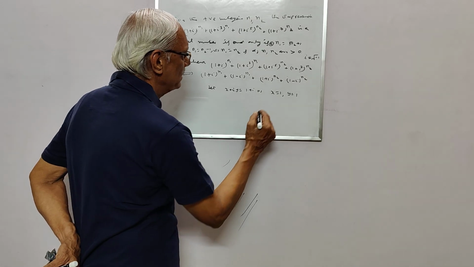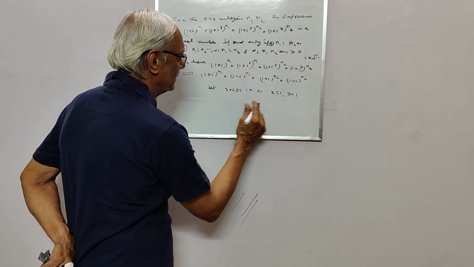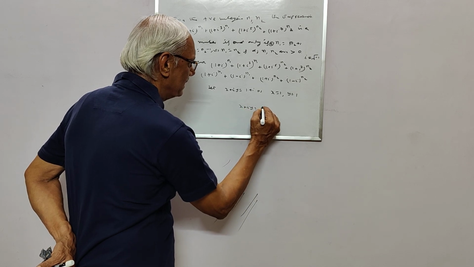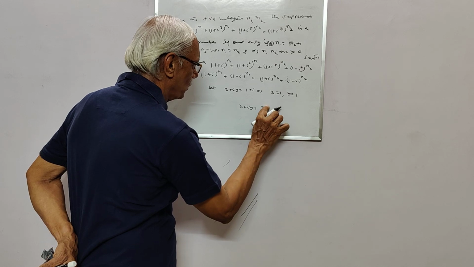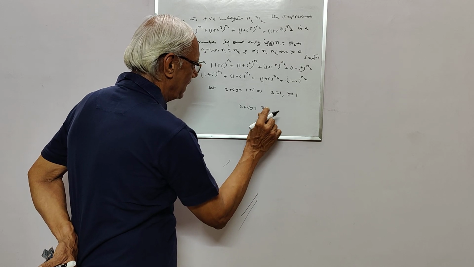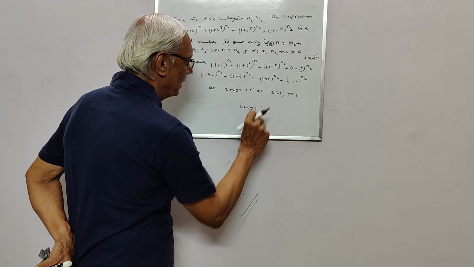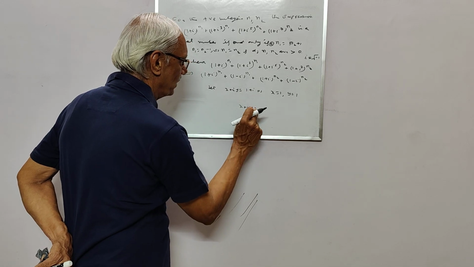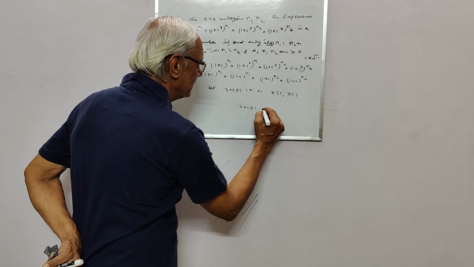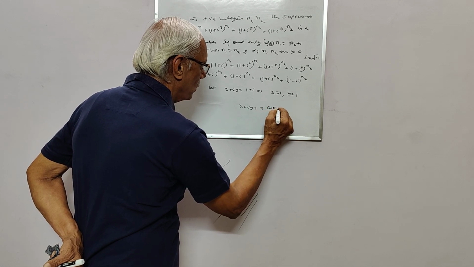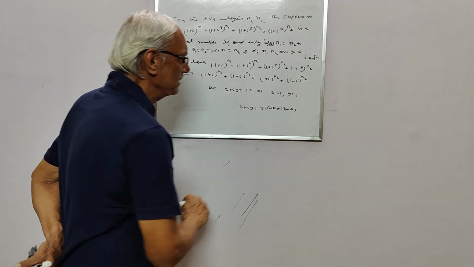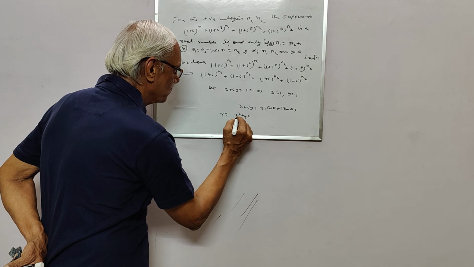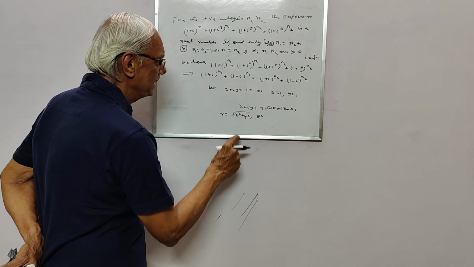Now I can express this x plus iy as r into cos theta plus i sin theta, where r is equal to the square root of x squared plus y squared, and your angle is theta.